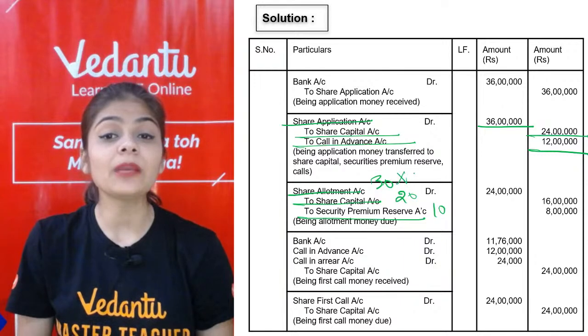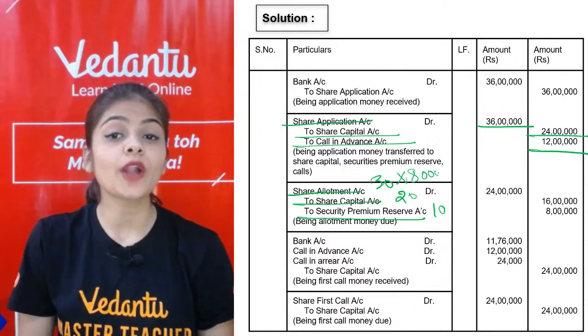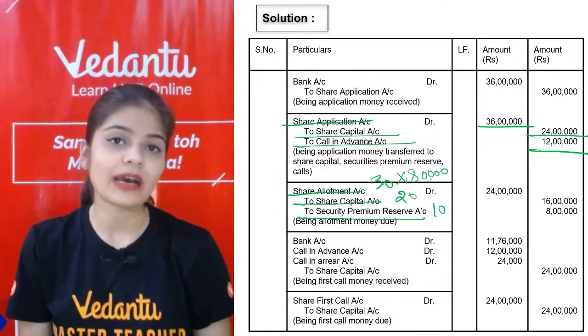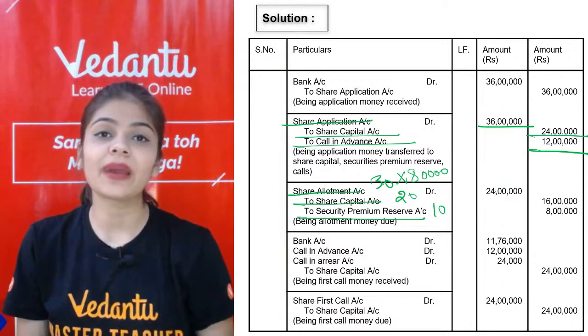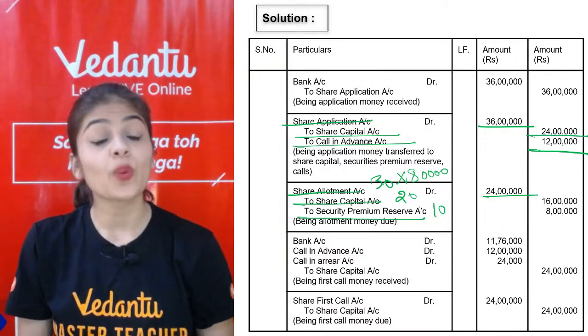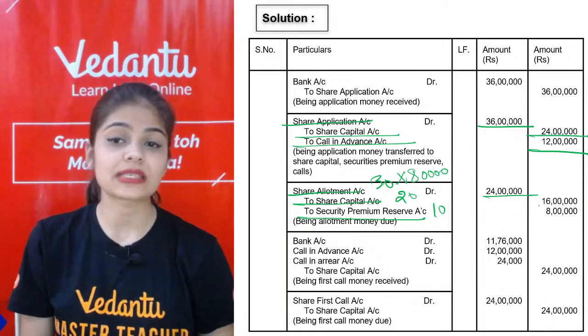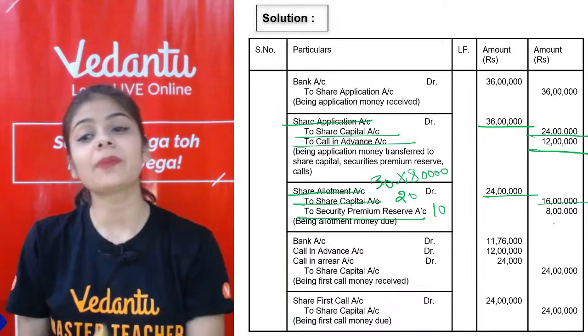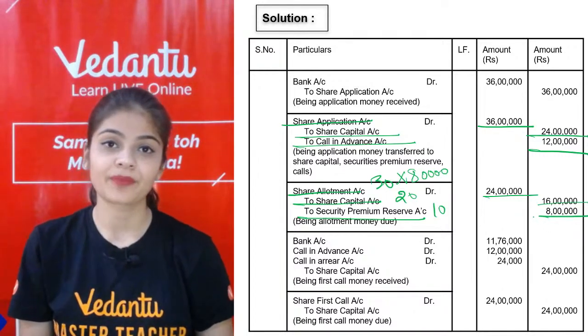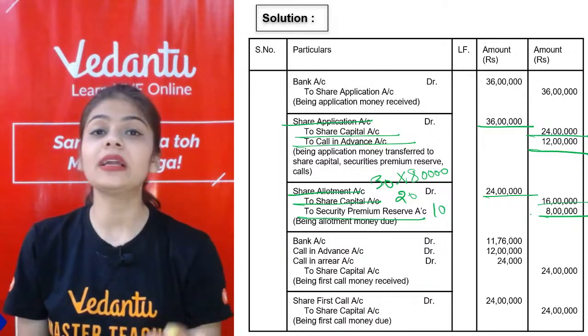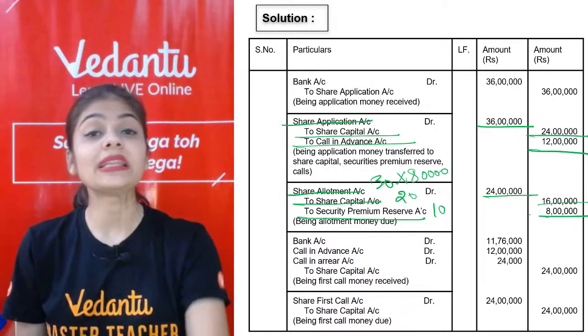You will multiply it with the allotted number of shares, 80,000. So 30 multiplied by 80,000 is 24 lakh, 20 multiplied by 80,000 is 16 lakh, 10 multiplied by 80,000 is 8 lakh. So this will be the journal entry for allotment money due.